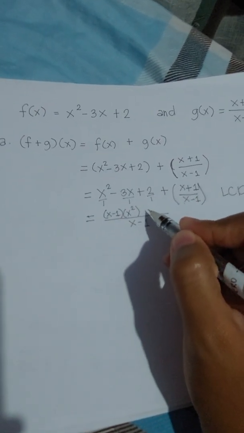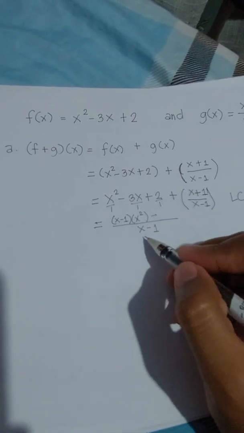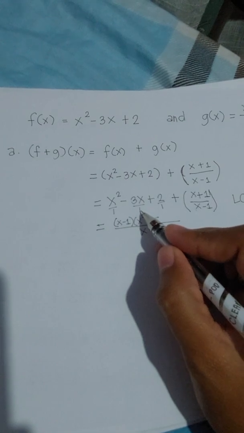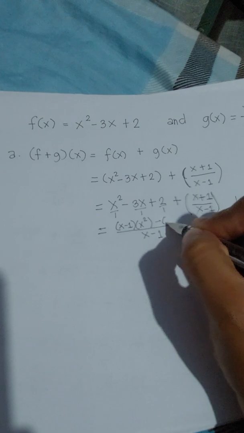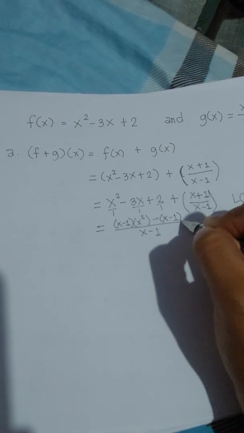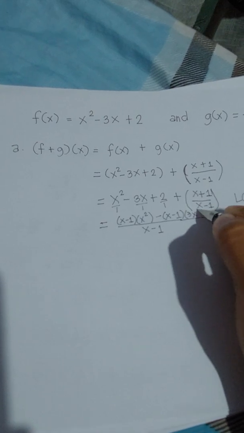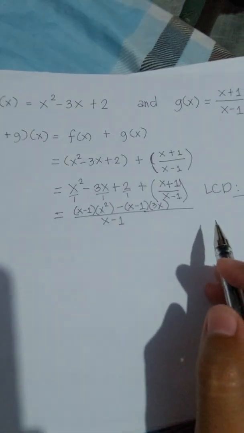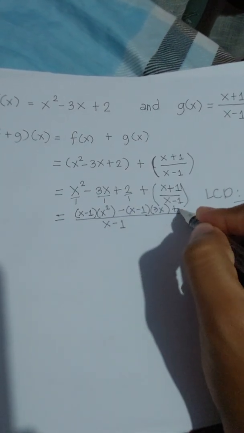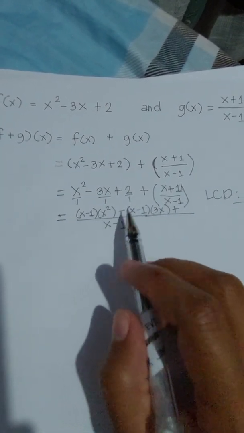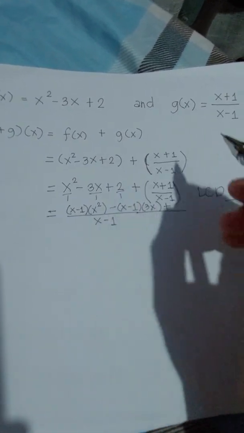Next, we have here, copy the minus. X minus 1 divided by 1 is still x minus 1 times 3x. So x minus 1 times 3x. Okay, I hope you can still follow. Bring down plus, then x minus 1 divided by 1 is still x minus 1, then multiply with the numerator.